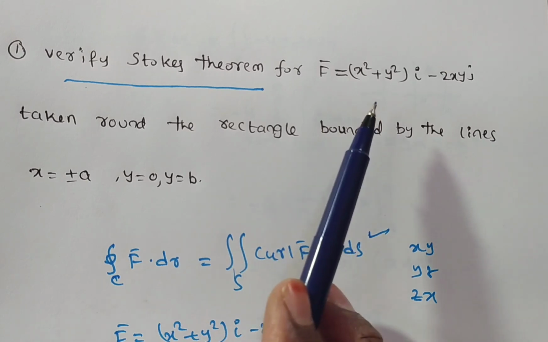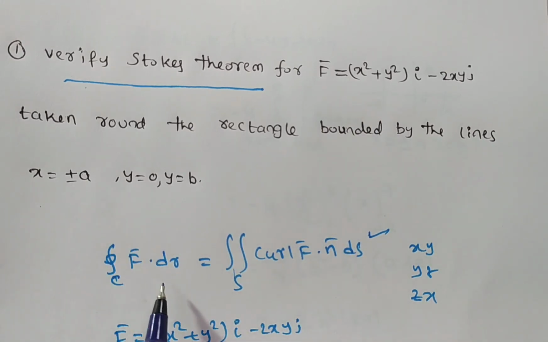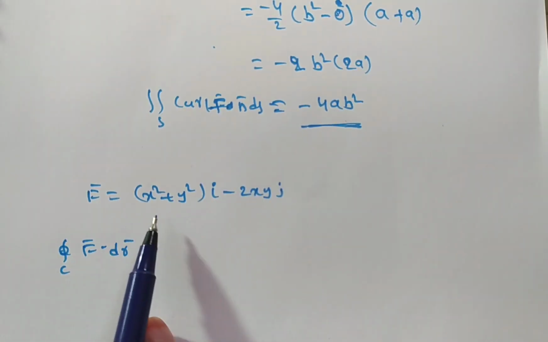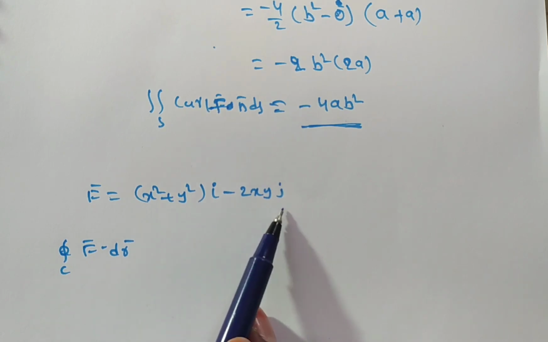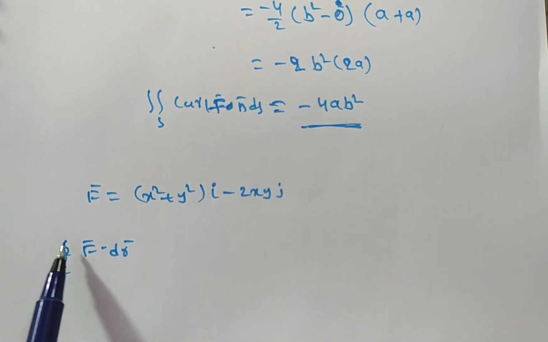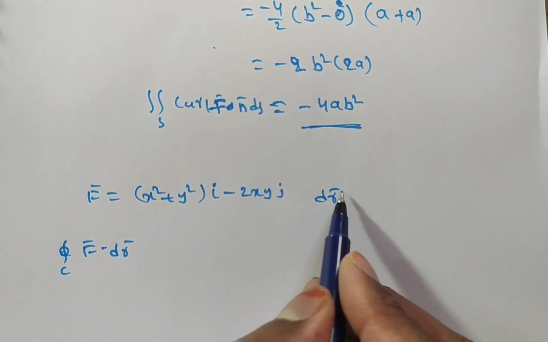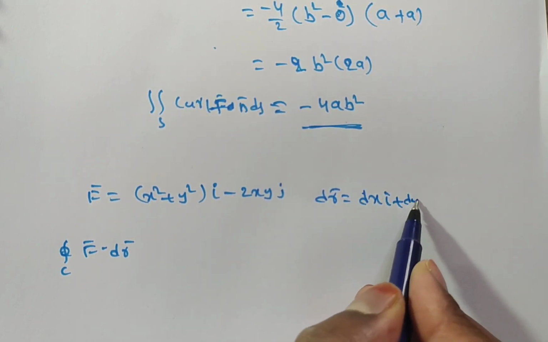So here f bar we have and limits of x and y we have. Now we have to do f bar dot dr bar. Given f bar is x square plus y square times i minus 2xy j. Now we have to find the integral over c of f bar dot dr bar. What is dr bar? Actually we have dr bar in the xy plane as dx i plus dy j.